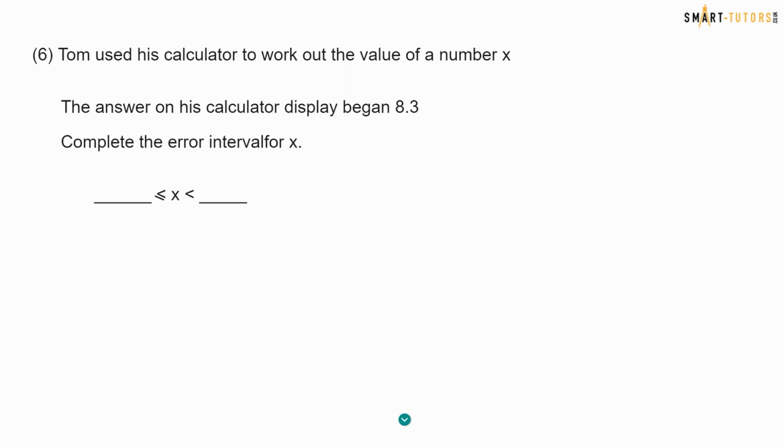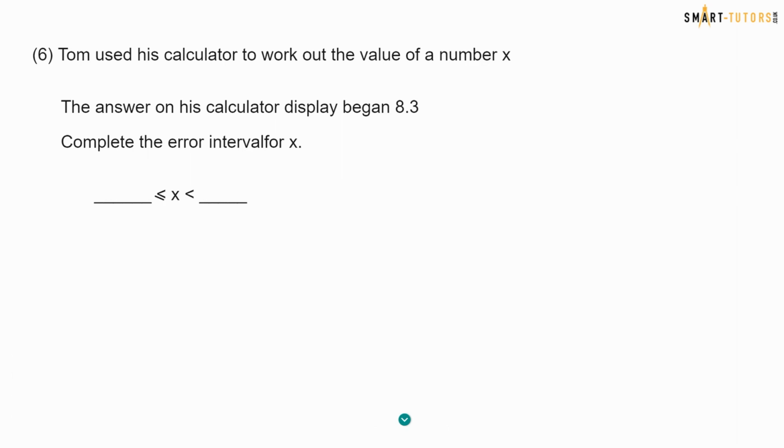It could be a long number, 8 or 9 digits in the calculator display, but I have no idea what the next number could be. So they're asking what the minimum number could be and what the maximum number could be. This is called the error interval. There's a subject called bounds, upper bound and lower bound, and there's a topic called truncation.